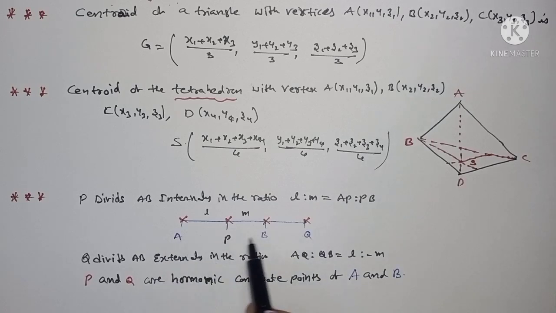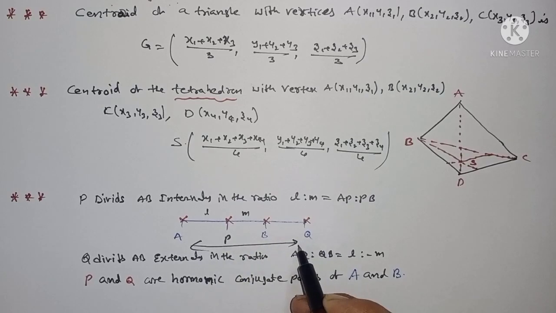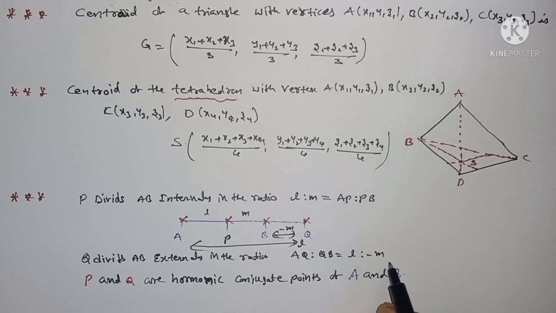It is only L. AQ is equal to L, and BQ is reversed, so you take minus M. Therefore L is to minus M. So P and Q are harmonic conjugate points of A and B. It is a very important point that you can find the harmonic conjugate points of A and B. This is the concept of our total 3D section formulas.